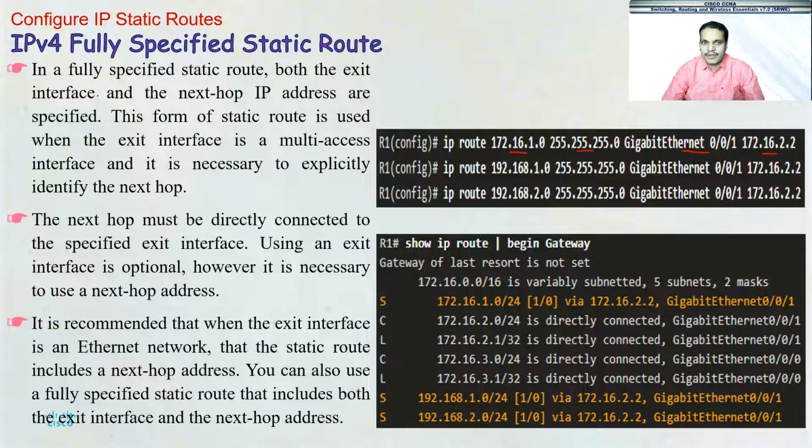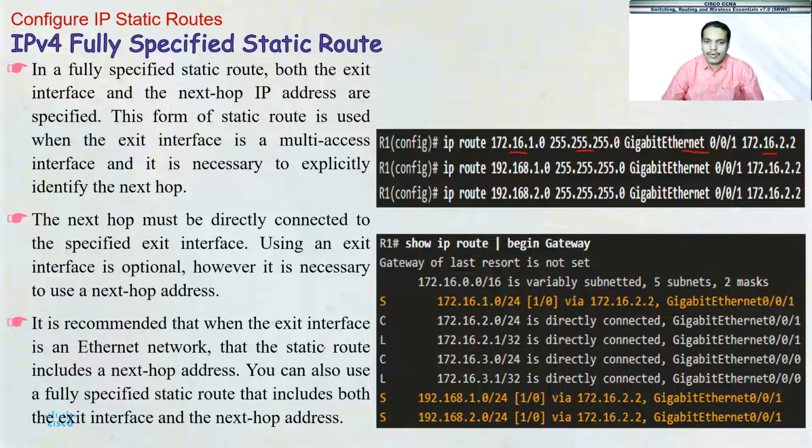In a fully specified static route, both the exit interface and the next hop IP address are specified. Here I'm specifying both through which I need to go. Now, the next hop must be directly connected to the specified exit interface. Using an exit interface is optional, but it is necessary to use a next hop address.